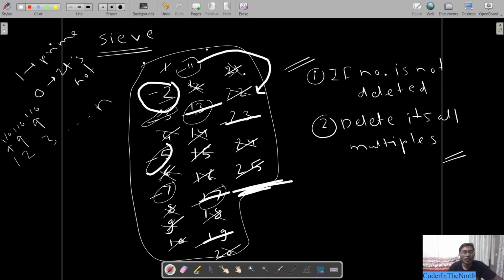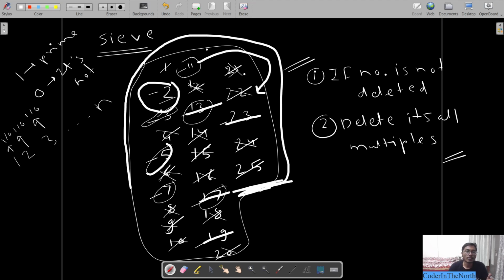In the range of 25, there were no numbers which could be deleted by these numbers 13, 17, 19. Like 13 into 2, what is it? It's 26. So 26 was after the range whatever we wanted.